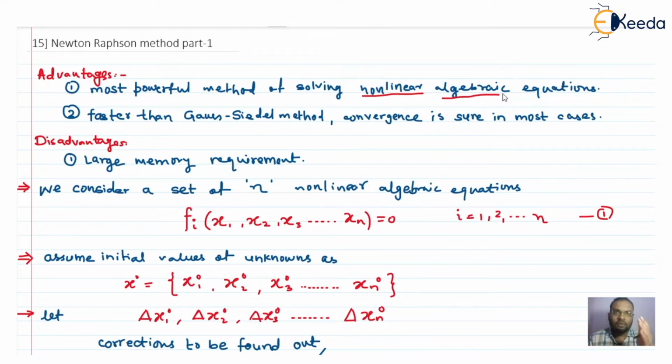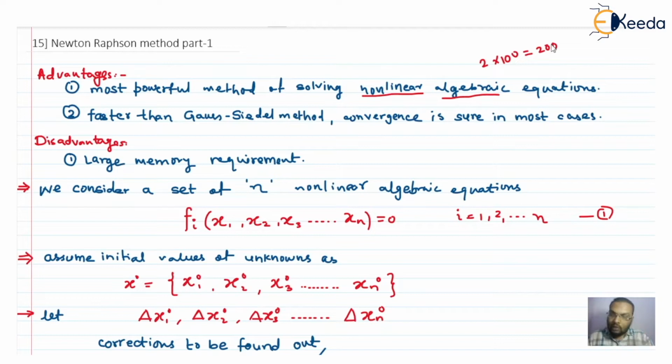And for each bus, we get two nonlinear equations. If the power system has 100 buses, we need to solve this nonlinear algebraic equation for two equations per bus, so 200 times. So it becomes very difficult. That is why we need an iterative or numerical method.